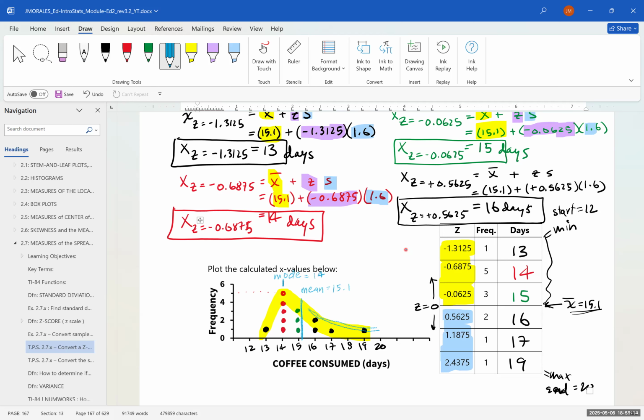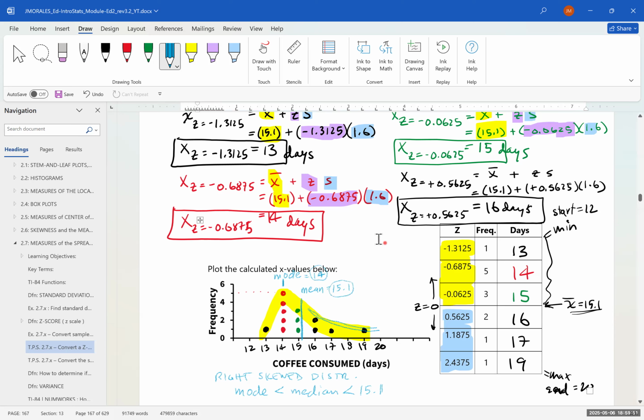So what we've got is a right skewed distribution, which means that the mode is going to be the smallest value. The next smallest value will be the median. And then the largest value should be the mean. So the median should be somewhere between 14 and 15.1.